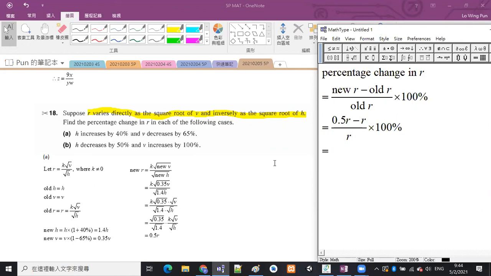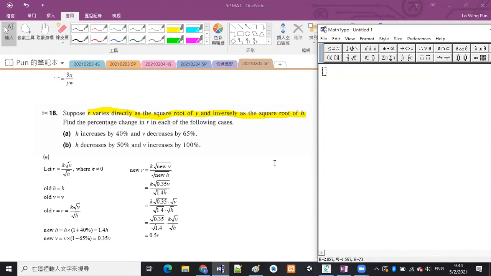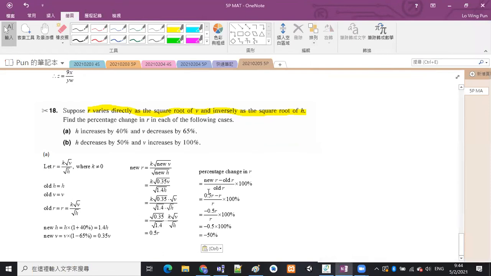Okay, 0.5 r minus r is negative 0.5 r, and then over r times 100%. So it should be negative 0.5 times 100%. That should be negative 50%. That is the answer of part A. Okay, so under this situation, the percentage change in r is negative 50%. So it is decreased by 50%.